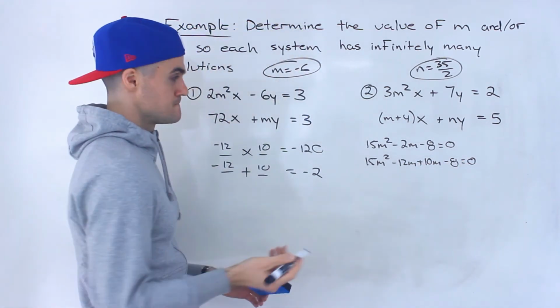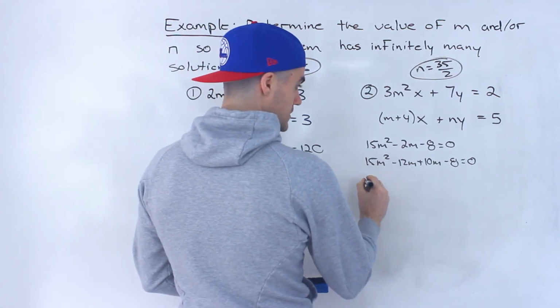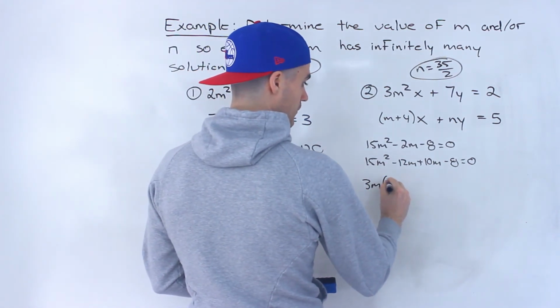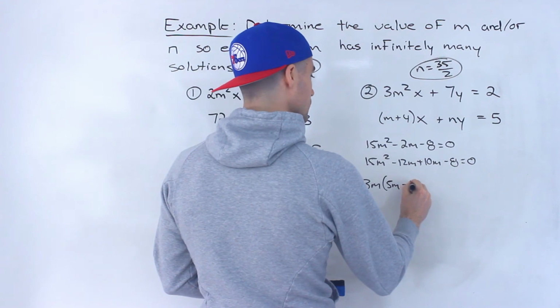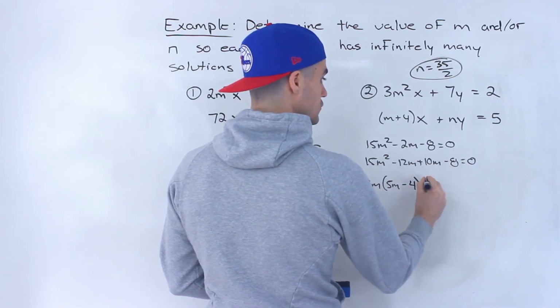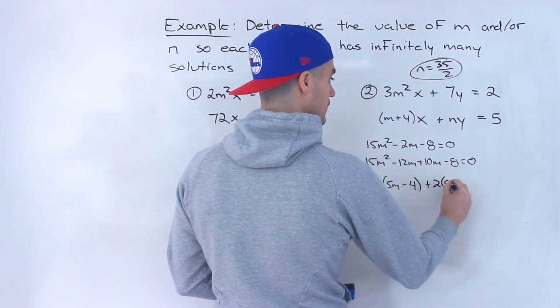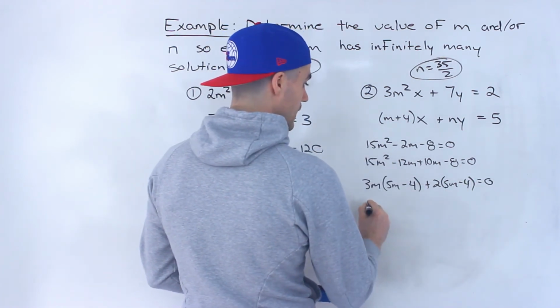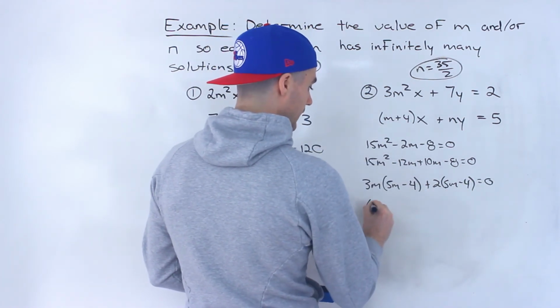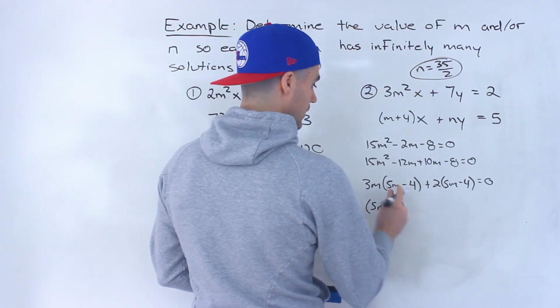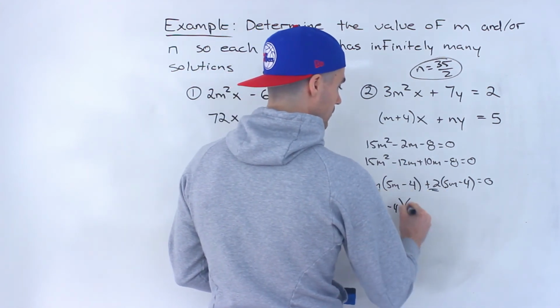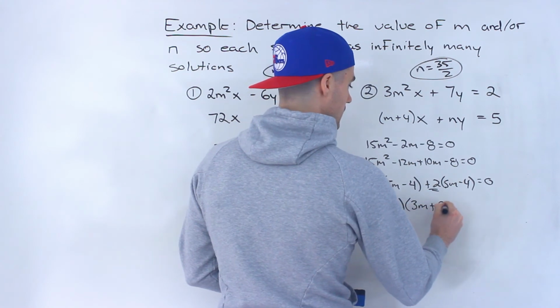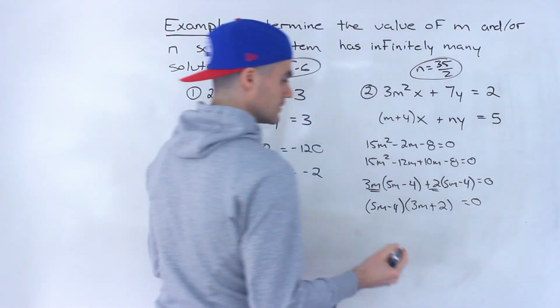From these two, 3m factors out, and we have 5m minus 4. From these two, a 2 factors out, which leaves 5m minus 4. Remember, these two brackets should always be the same if they factor smoothly. Then we could take out the bracket 5m minus 4, and we're left with 3m plus 2. That's going to equal 0.